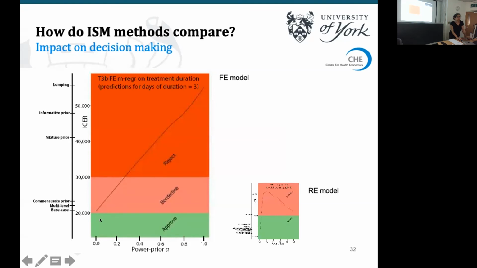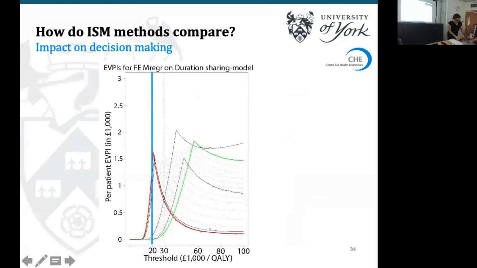So that's when the value of your research is higher. It's because you're really unsure about which is the right decision to make. And then obviously, as you go along this line, you are farther away from the approval. So that means you're more certain that you're going to reject. So as we'd expect, the lumping approach where you fully combine with the children's evidence gives you no value of information at this level of threshold, which is that value for money estimate that decides adoption or rejection that I've mentioned before.